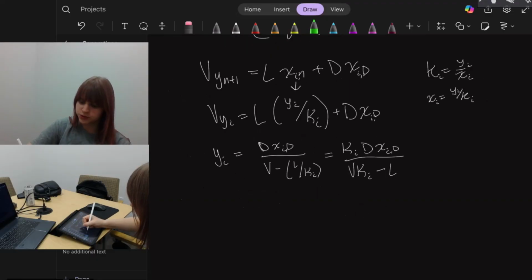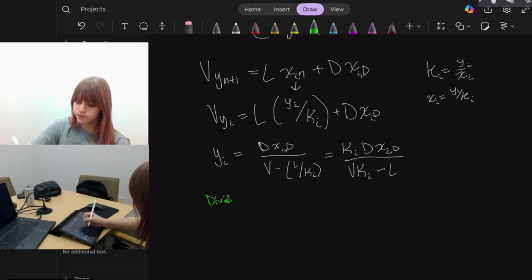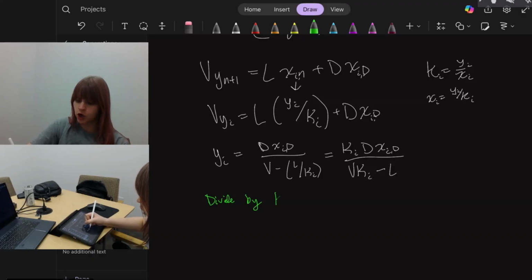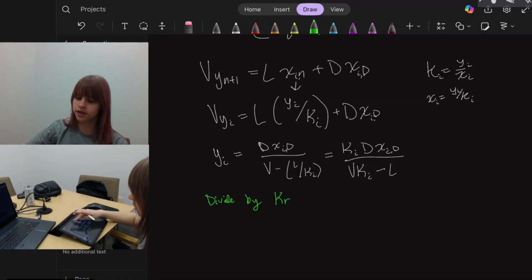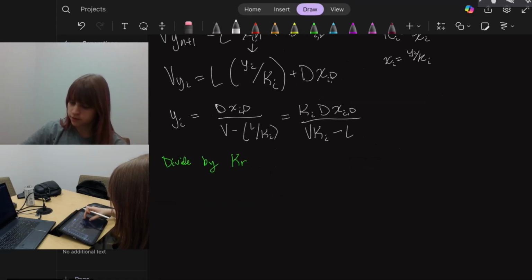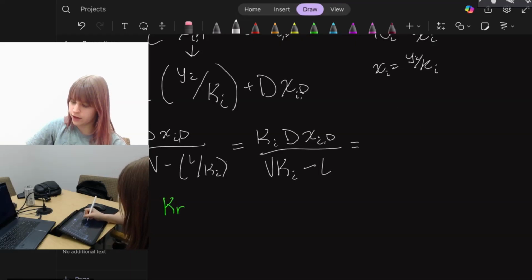Next, we want to divide by Kr, which is just a reference. Typically, people will use the heavy key as a reference, but we're going to call that Kr. So we simply divide everything by Kr.